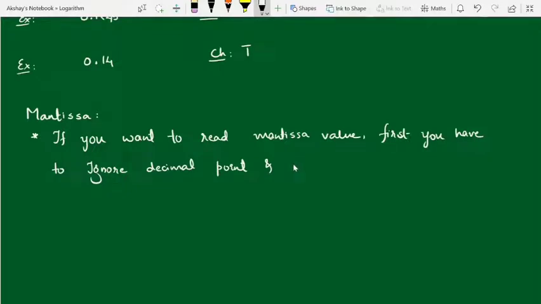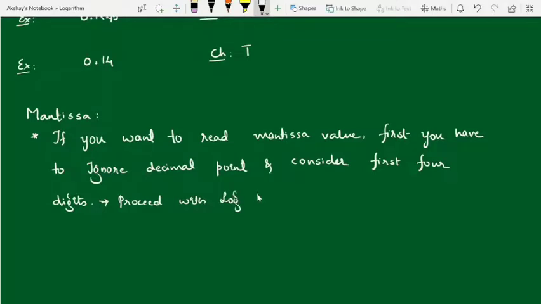Only the first 4 digits. And finally you have to proceed with the log table.